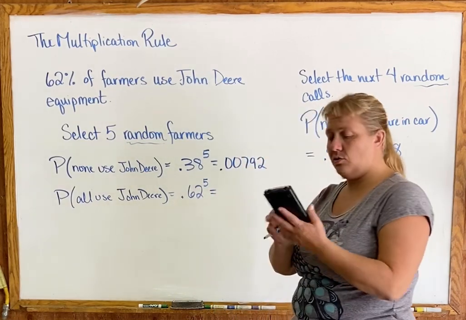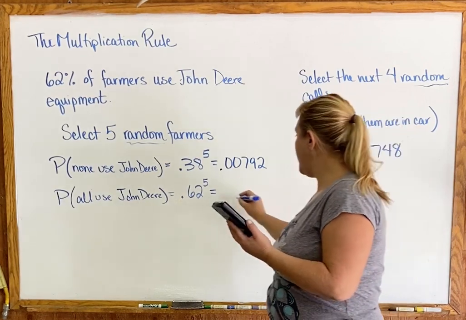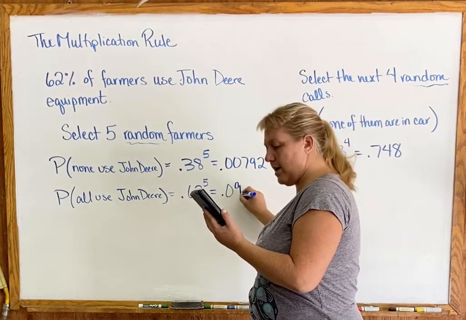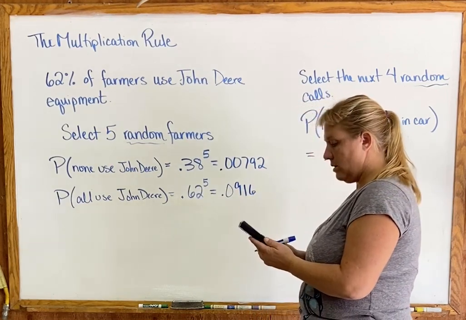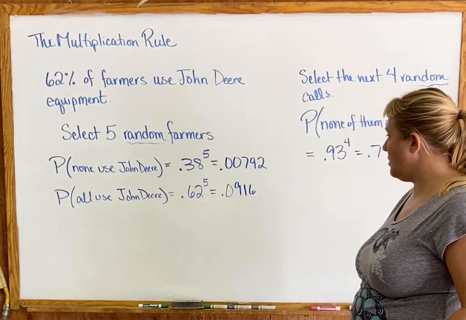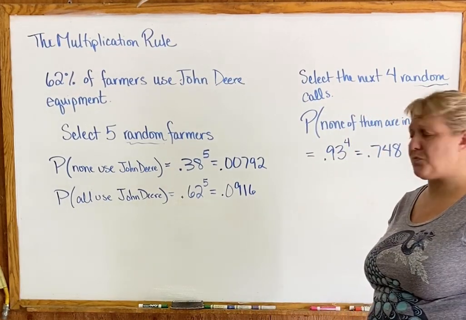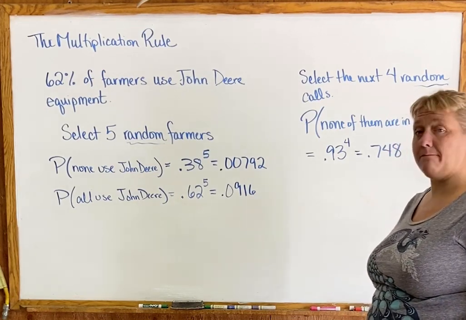Okay, so 0.62 to the 5th. 0.62 to the 5th is 0.0916. Still a slim chance. So 5 John Deere users is still only a 9.16% chance, okay? So both ways are kind of slim, all or none, okay?